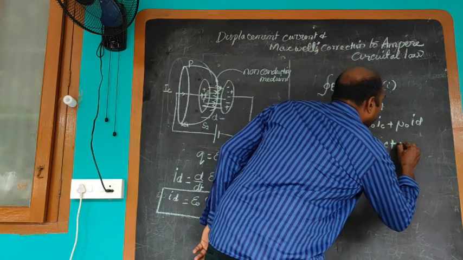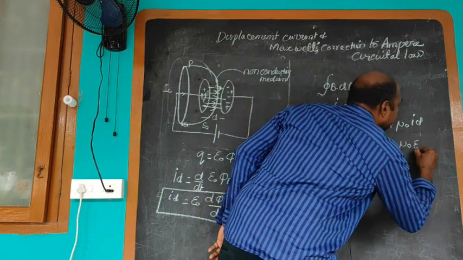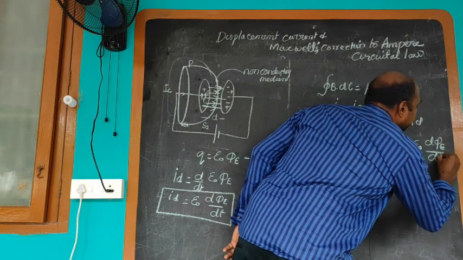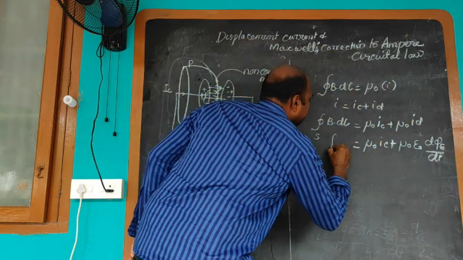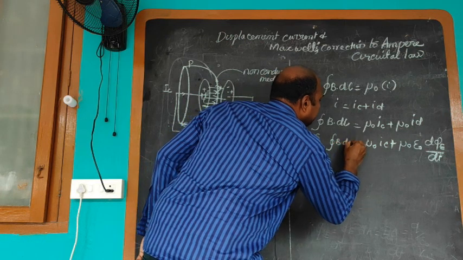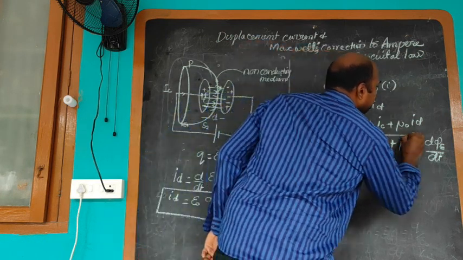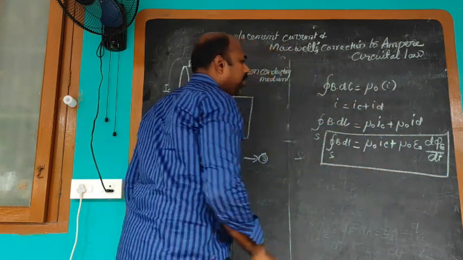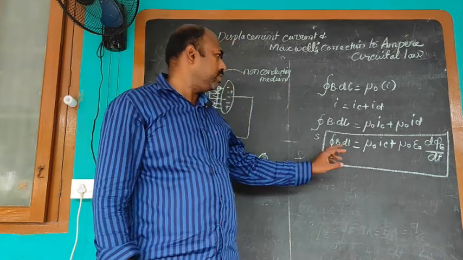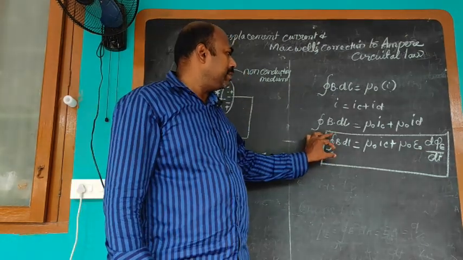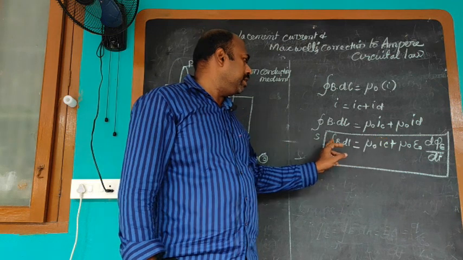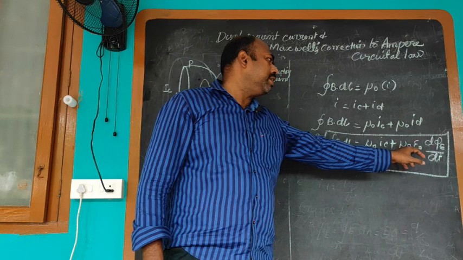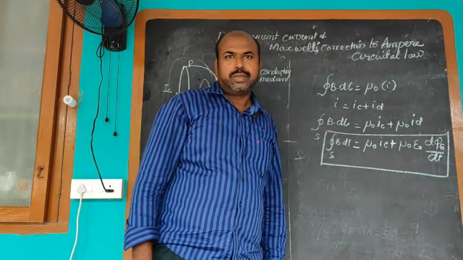So mu 0 times epsilon 0 into d phi E divided by dt. This is the correction made by Maxwell on Ampere's circuital law. This is the corrected Maxwell-Ampere circuital law: integral B dot dl is equal to mu 0 into IC plus mu 0 epsilon 0 into d phi E divided by dt. Thank you.